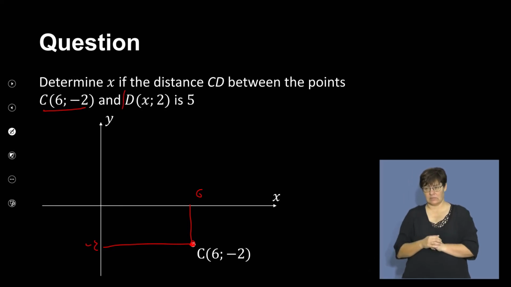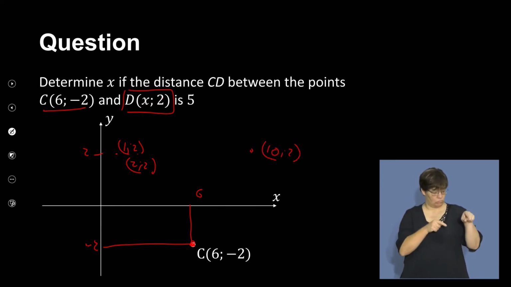Now, I don't know where D is, but I do know that the y value of D is equal to 2. So this point here is 1, 2. And this point here is 2, 2. And this point here is 10, 2.